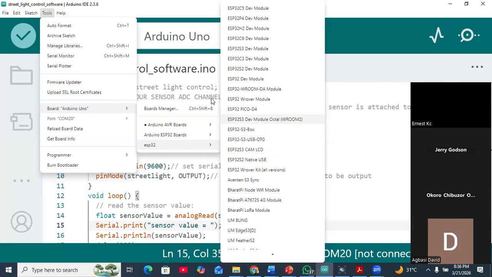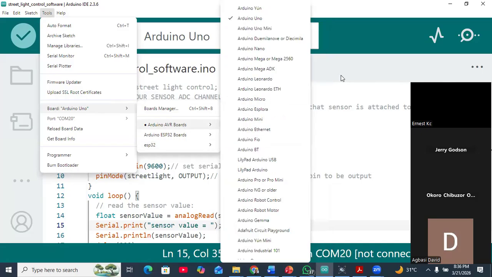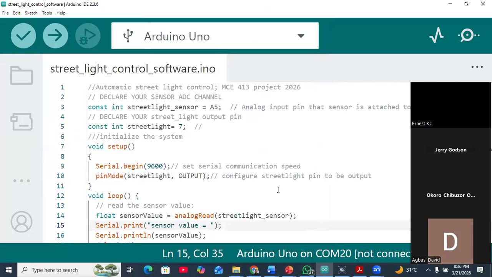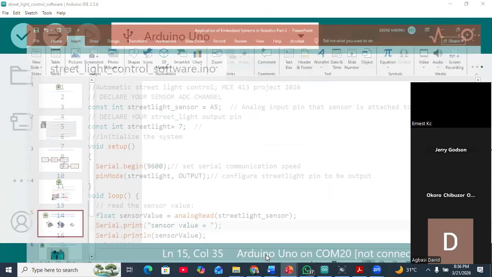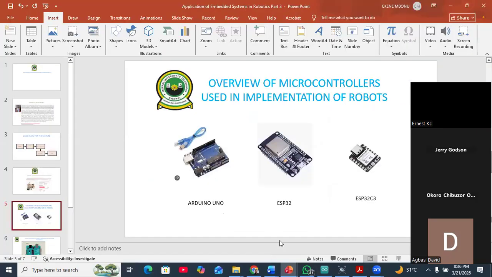So these are the microcontrollers one can actually explore. For example, this belongs to ESP32-C3. You can see it's very small, and can be used to implement miniature projects.